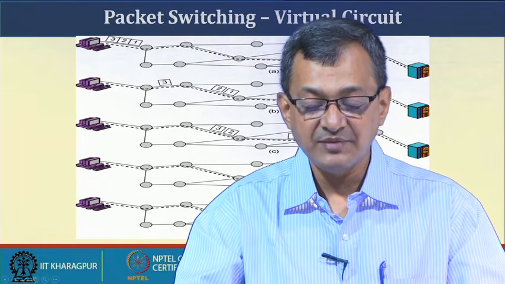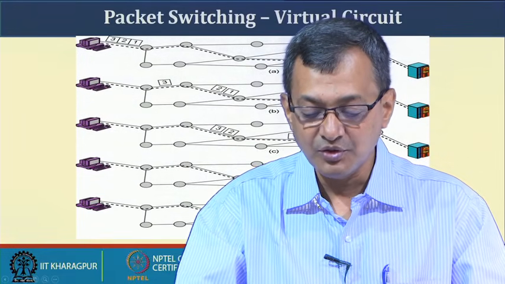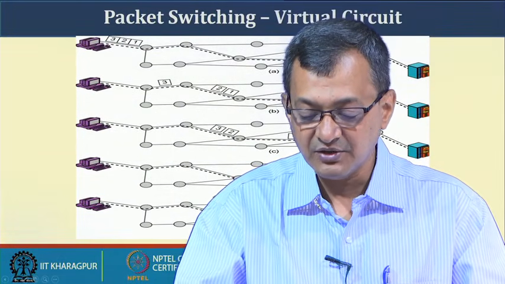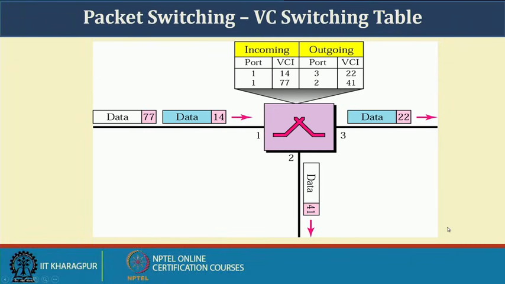Like here, the same thing we are seeing: a circuit is established and then it goes on communicating in this particular sequence, in case of a virtual circuit. As we are discussing, it carries a VCI. If I have a switch here which receives data 77 and data 14 at port number 1, then it decides that if it receives 14 from port 1, it will push it to port number 3 with VCI 22.